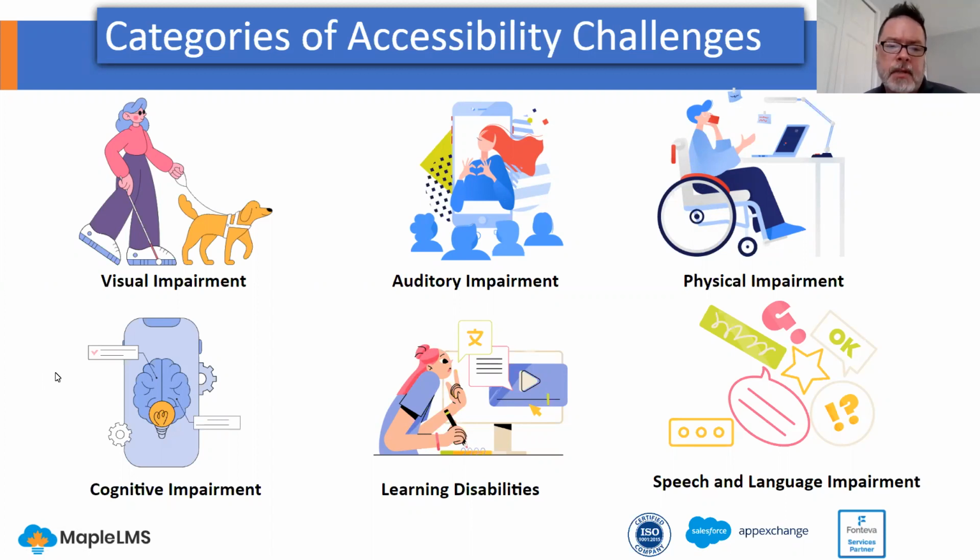Some cognitive impairments to be aware of are ADHD, dyslexia, and traumatic brain injury, and learning disabilities, such as dyscalculia, dyslexia, or dysgraphia. And there can also be speech and language impairments, such as stuttering, aphasia, and communication disorders.